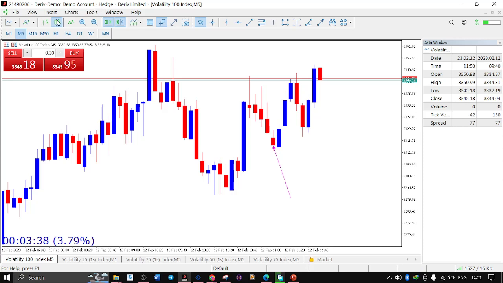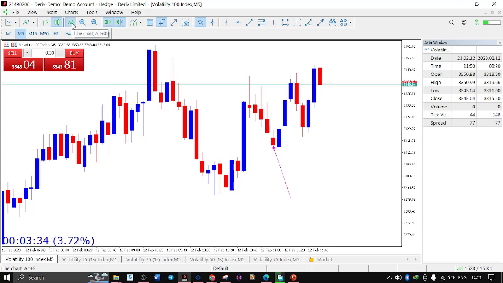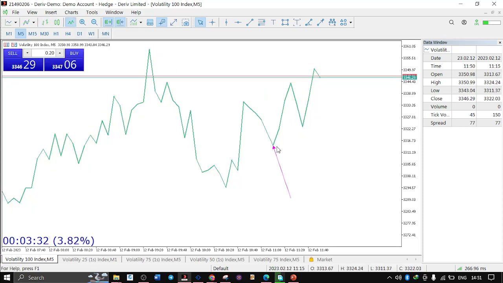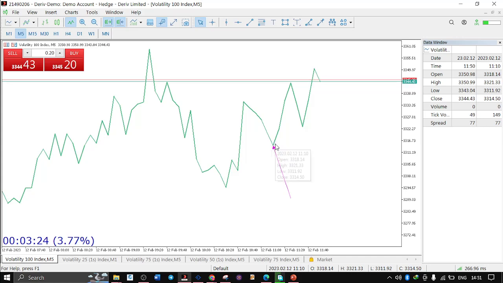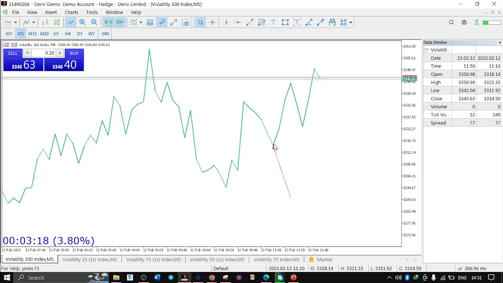When we switch to line graph, it is going to mark this closing point as the point of interest for the line graph. Okay, it only considers the closing price of each candle. I get it.